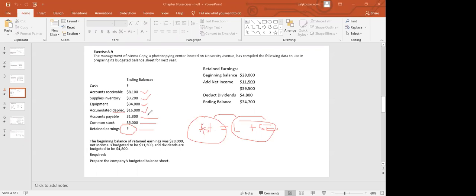Okay, so these here have to be equal to this here, plus cash, of course. Cash is an asset. So these have to be equal to those down below. This is how you figure out that I need one of these two numbers: either cash or retained earnings.